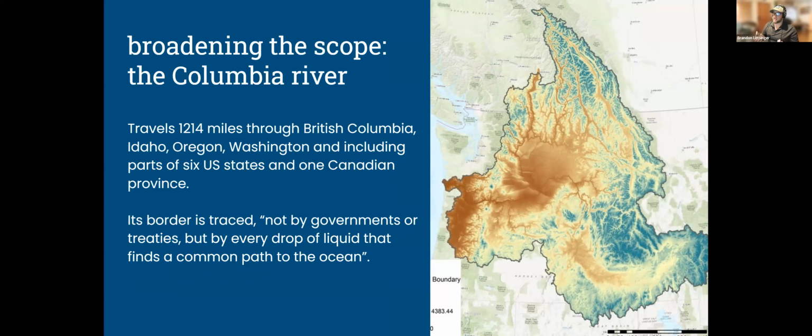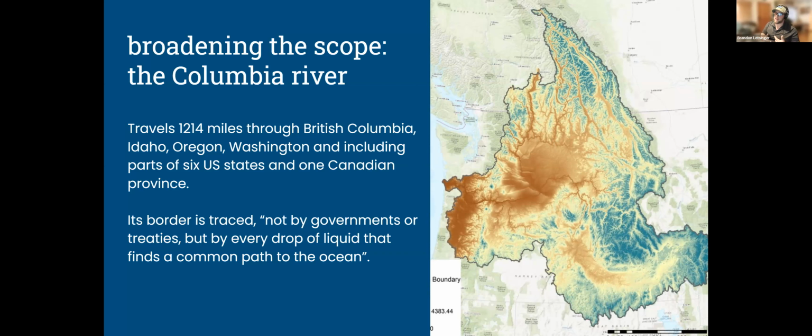What are the different watersheds and how big do they extend? The Columbia River, the largest river in Cascadia, travels 1,200 miles through British Columbia, Idaho, Oregon, Washington, including parts of 6 US states and 1 Canadian province. Its border is traced not by governments or treaties, but by every drop of liquid that finds a common path to the ocean.